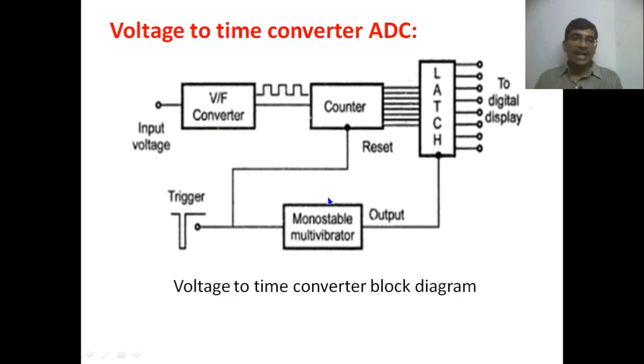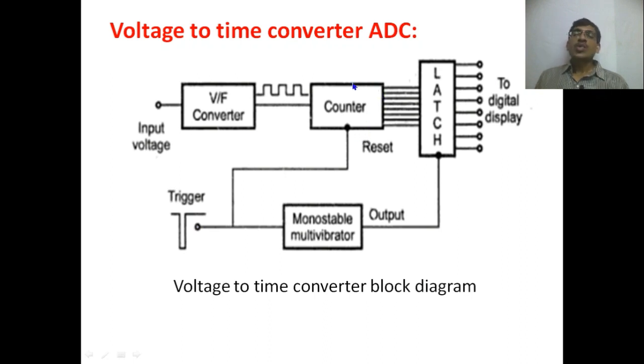After a certain time the quasi-stable state ends, and the 1 becomes 0. That logic 0, meaning a positive to negative going edge, is generated. Whenever the negative going edge occurs, whatever count is present in the latch will be propagated to the display device, and at the same time the counter gets reset when we apply the trigger pulse.